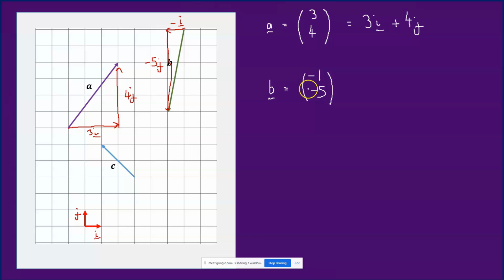You should have come across this before when you did translations at secondary school, when you move shapes along. So it becomes minus i minus 5j. Hopefully I've just stopped some misconceptions there. If you go backwards, it's a negative.